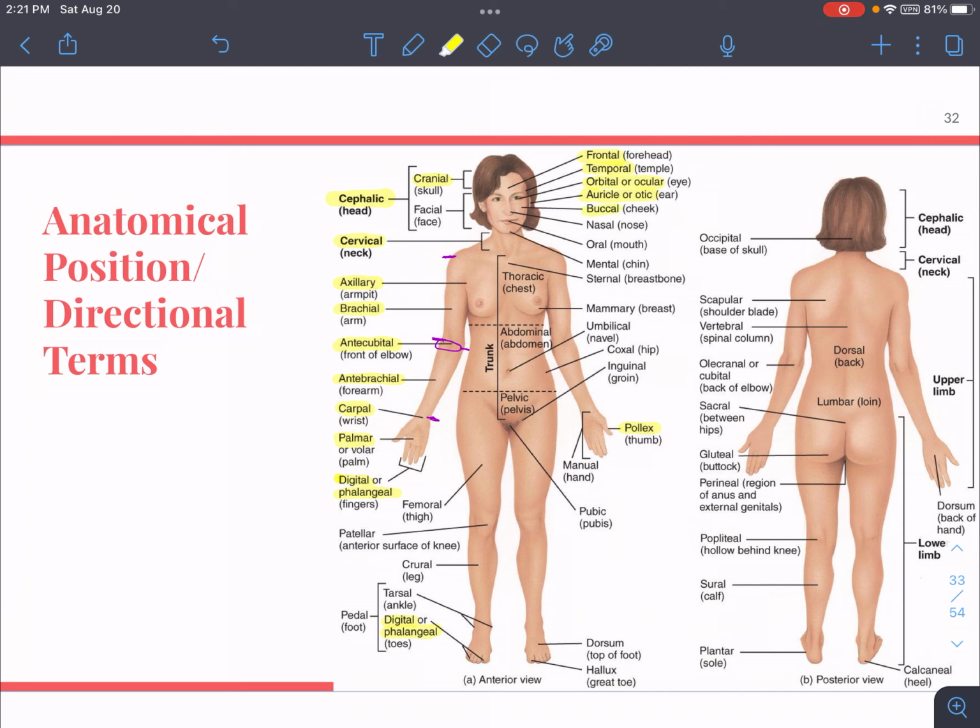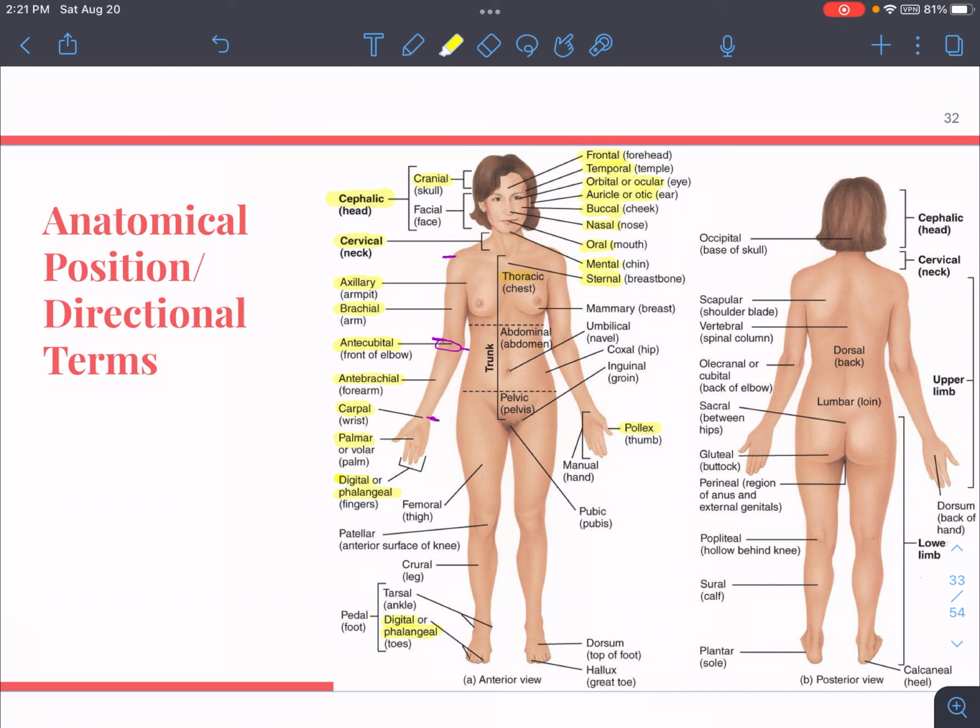Your cheek is buccal. Nasal and oral, those should make sense. Mental is your chin. Sternal, your sternum or your breastbone.